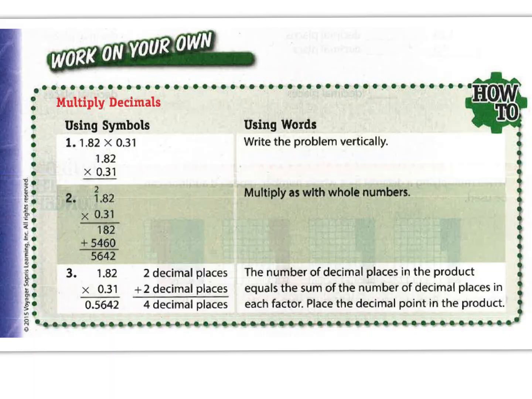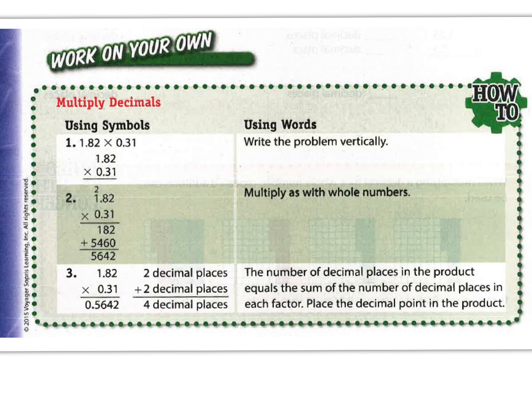All right. So when it says multiply decimals using symbols, write the problem vertically. This one, they happen to line up, but you don't have to line up the decimals. Multiply as with whole numbers. So you just multiply it as if it was 182 times 31. You don't need to worry about the decimals until the end.